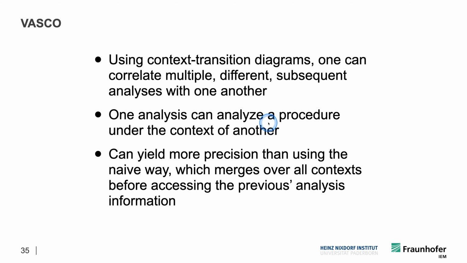One analysis can then analyze a procedure under the context of another. We just saw that. We were conducting constant propagation using these specialized instantiated methods that were using information from the pointer analysis. And as I also showed you, this can yield more precision than the naive way, in which you would merge all contexts before actually accessing the previous analysis information.